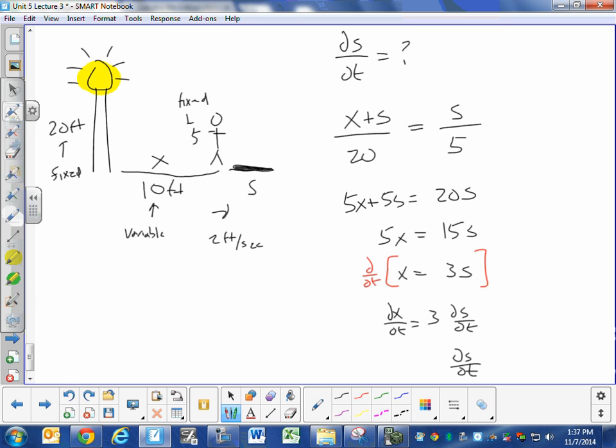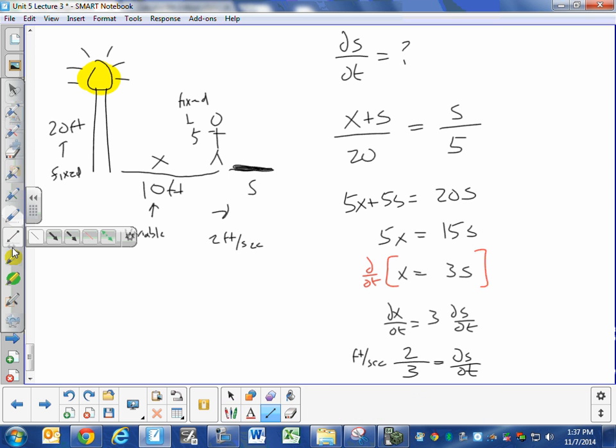The length of my shadow will be increasing by the rate at which I'm moving divided by 3. That's it. And this is going to be in feet per second because it's just a distance.